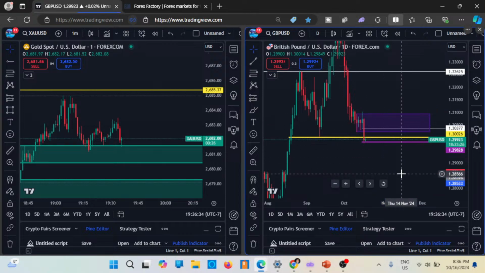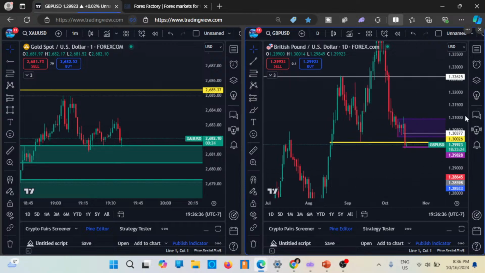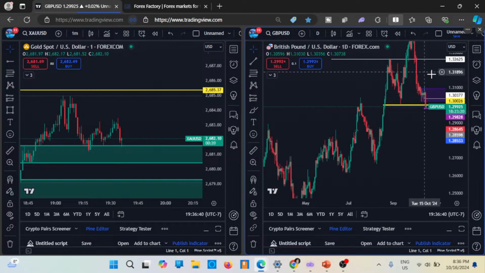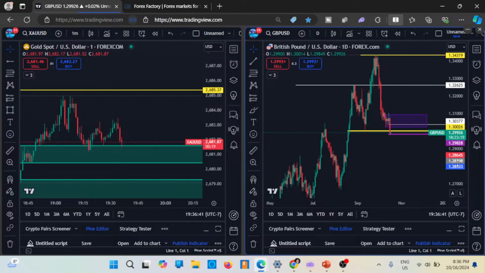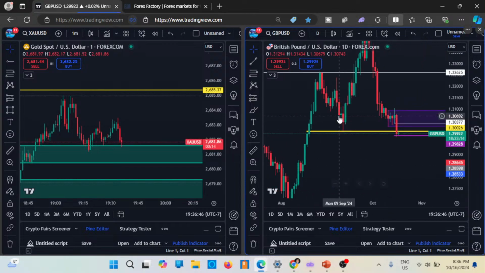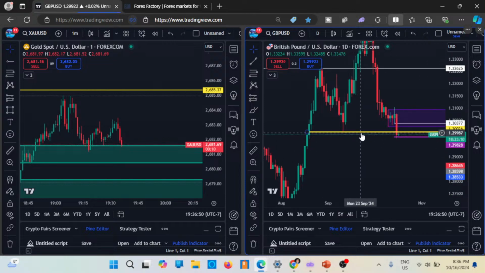All right. So GBP USD daily time frame, looking at it right now, it's currently in an uptrend. However, it looks like this uptrend has ended because unfortunately GBP USD broke below this very critical support here, which is at 1.2991.